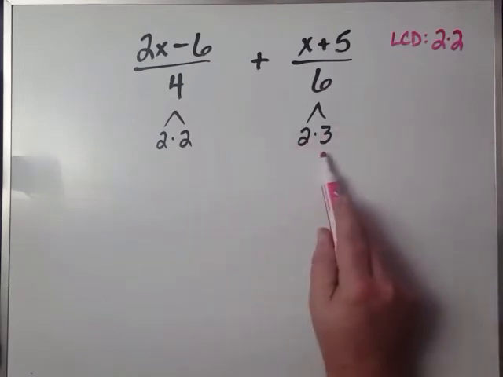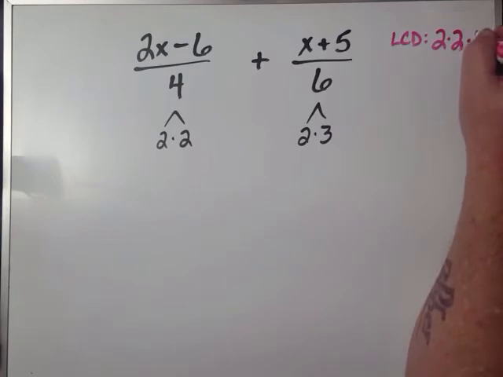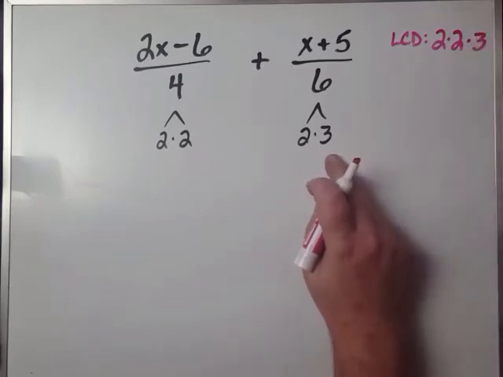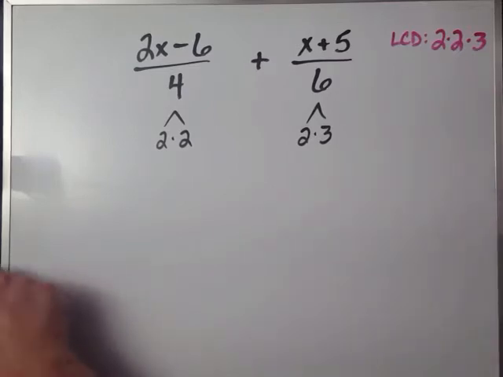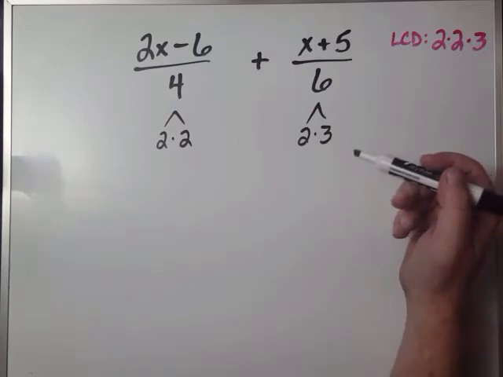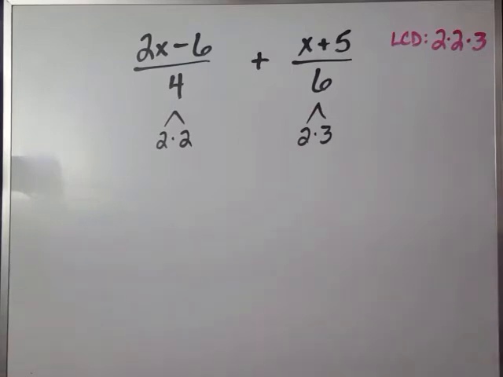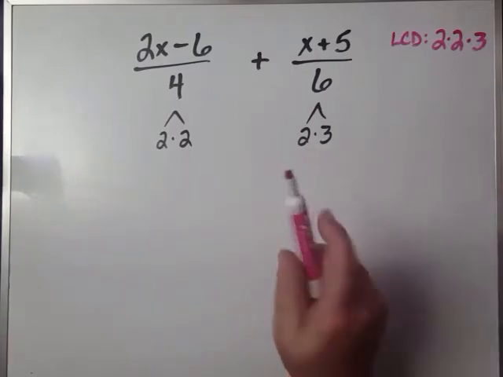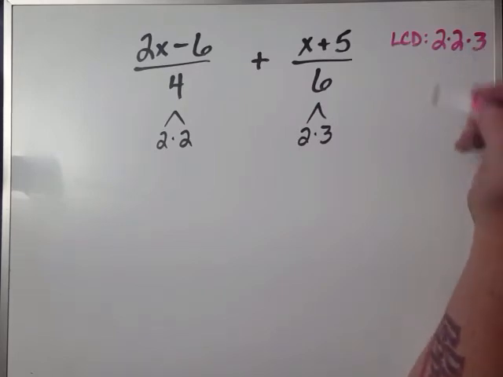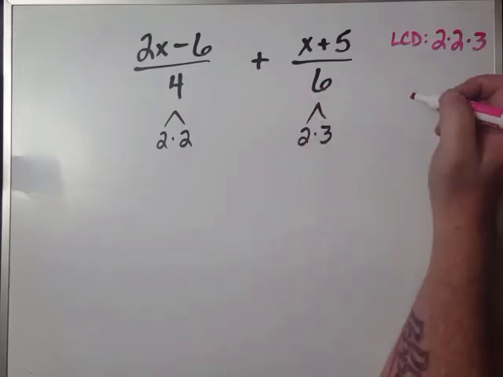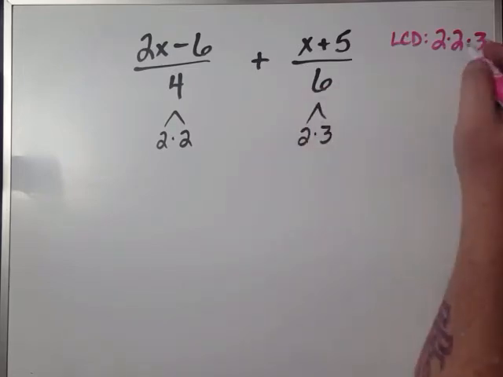I also see a factor of 3, and at most it appears once in any single denominator. So my least common denominator here, I know we can look at the 4 and the 6 and we know it's 12. But I want to look at this idea of how we can use the factors to find the LCD for when we get to these problems where we're dealing with polynomials for denominators.